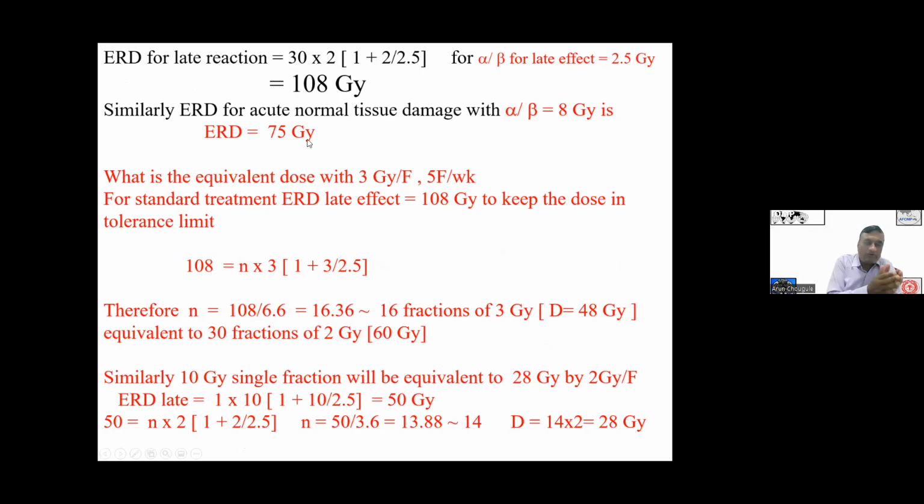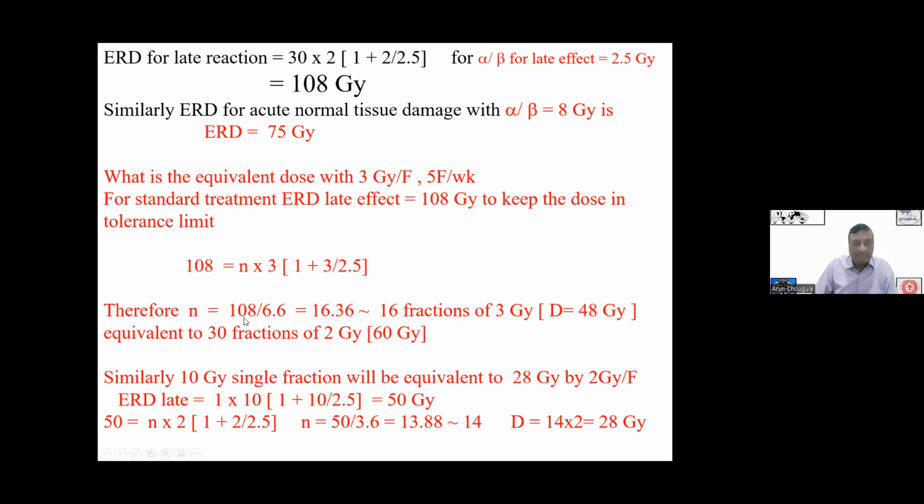Now, if you want to shift from 2 gray per fraction to 3 gray per fraction, how much total dose will you require? Will you require the same 60 gray? Let's see. For standard treatment, the ERD for late effect is 108. My end point is late effect. To get the same late effect with 3 gray per fraction, how many fractions do I need to give?